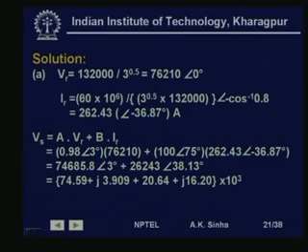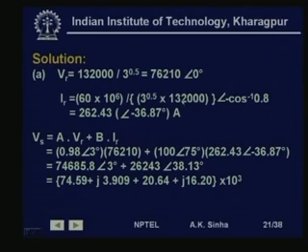So, we take 60 into 10 to the power 6, which gives us the 60 MVA, and divide it by root 3 into the line voltage, which is 132 kV, and the angle is given as cos inverse 0.8 with a minus sign to take care of the lagging power factor.